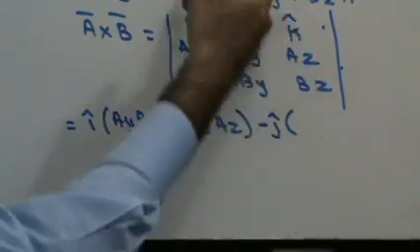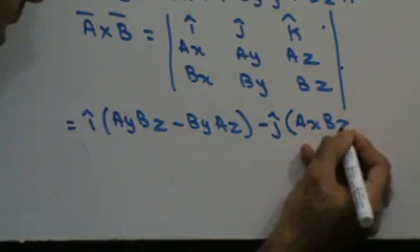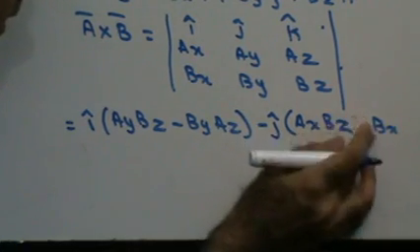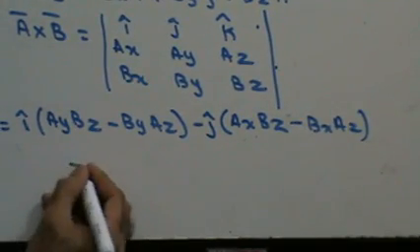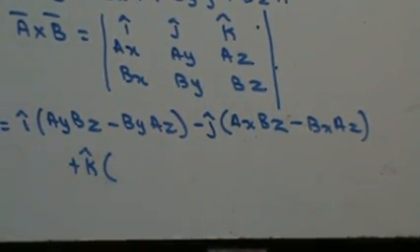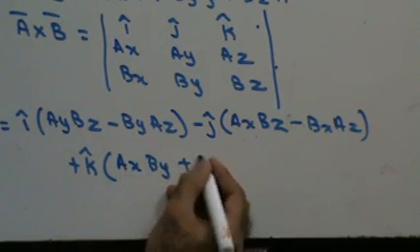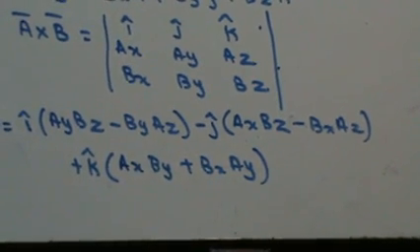I cannot take the first row and the second column. So this will be Ax Bz minus Bx Az, plus K vector. Why plus? Again, that's a part of the formula. If I take K vector, I cannot take the first row and the third column. So this will be Ax By minus Bx Ay. Right? That will be the cross product of two vectors.